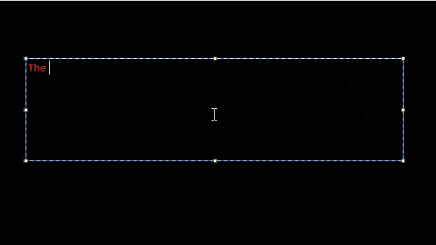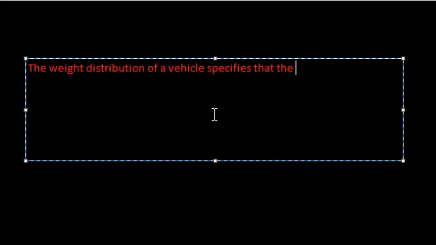Let's say the weight distribution of a vehicle specifies that the front wheel carries 54% of the weight.